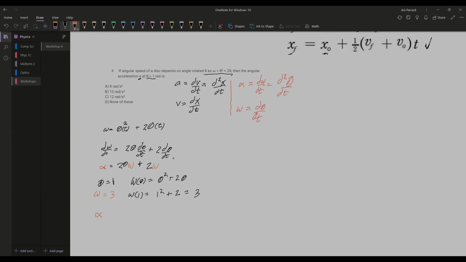So alpha is equal to 2 times 1 times 3 plus 2 times 3, for a total of 6 plus 6 equals 12 radians per second squared. Perfect. So the answer is C. Answer C.